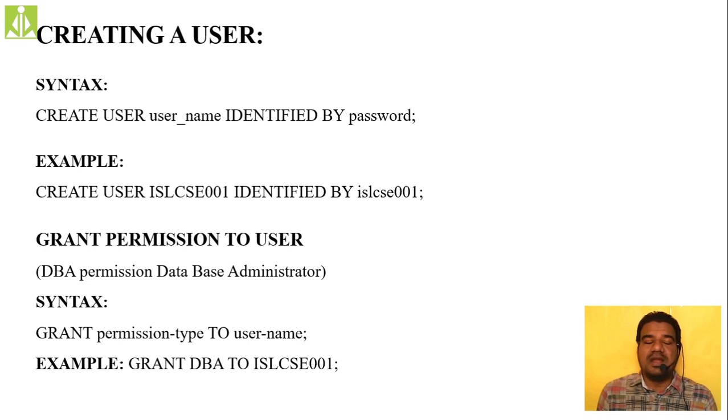First of all, we have to log in to the database as an administrator, and the default administrator for our application, Oracle 10g XE, is system, isn't it? System followed by the password you gave at the time of installation. Using those admin credentials, we have to log in to the SQL database.